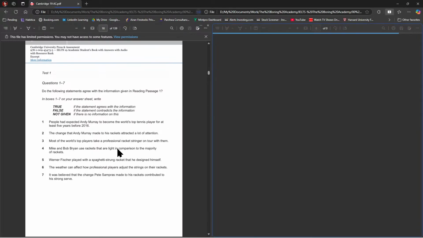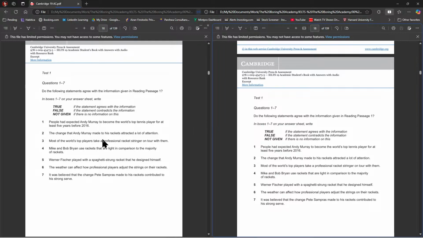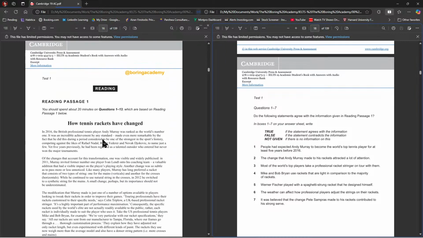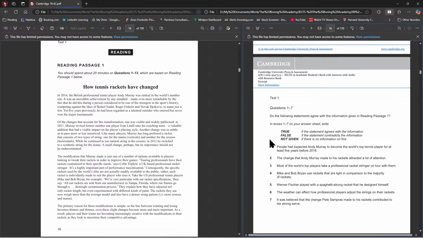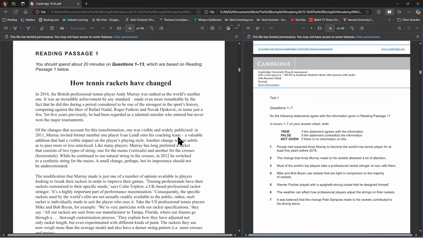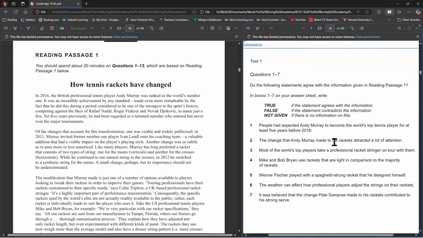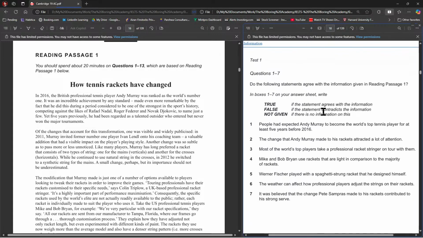Okay, so how do you conclude whether it is true, false, or not given? Some are kind of easy. For example, if the question says Olivia is a tall girl, and the passage says Olivia is a tall girl, it is true.